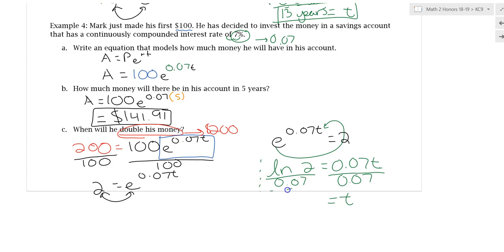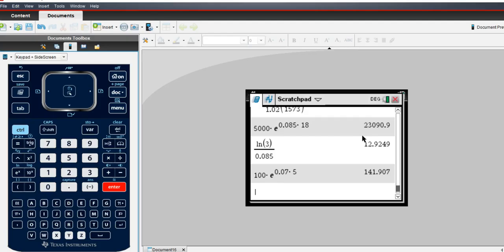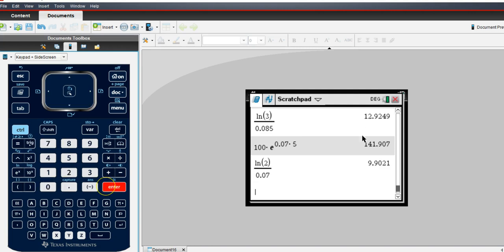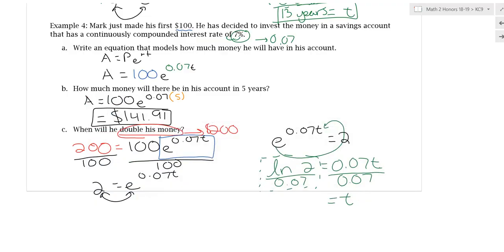And this is what I'm typing in my calculator. And we can do the division sign first to make sure we're typing everything in perfectly. And we get 9.9, which will round to 10 years.